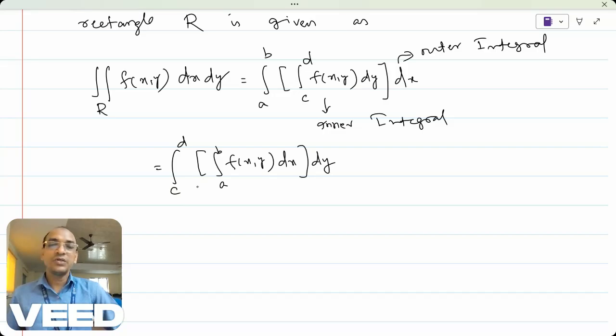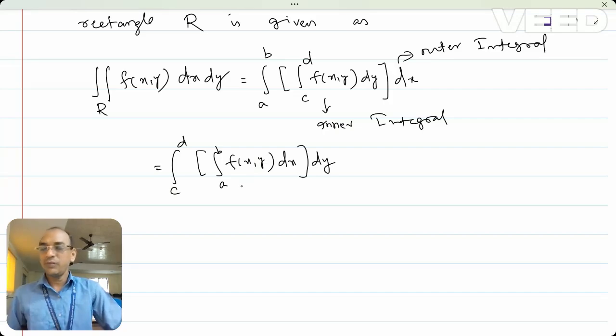But in the second expression, the inner integral is with respect to x, but the outer integral is with respect to y. So you can evaluate the double integral defined over a rectangle in any one way. But one thing you have to take care of: you take the limits of the variables x and y in the proper manner. Whatever order you take, in the same order you take the limits, and then you evaluate it, both will give you the same answer.